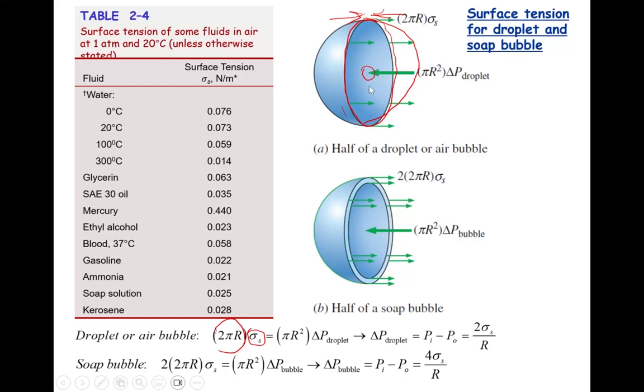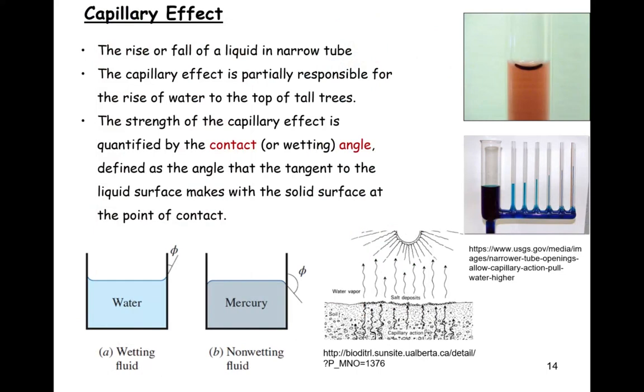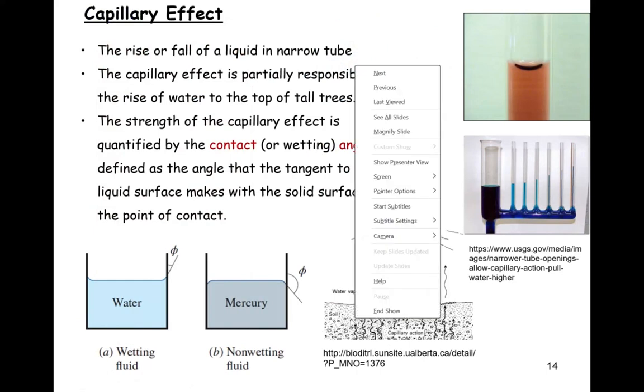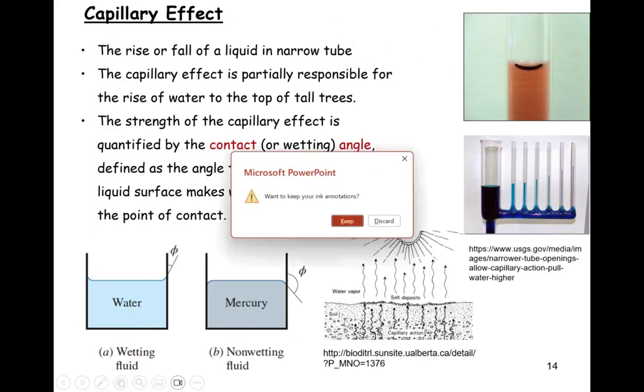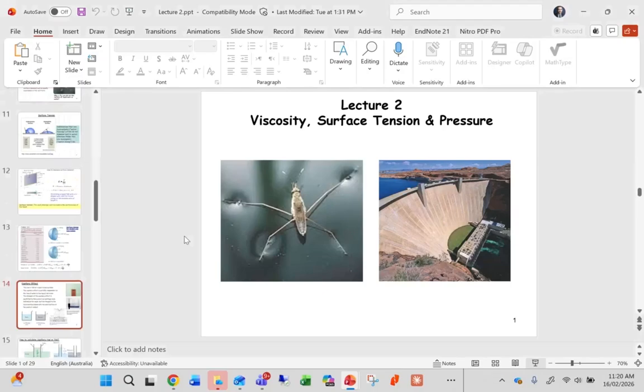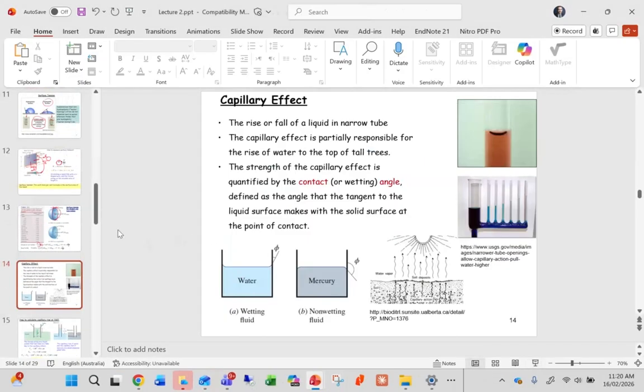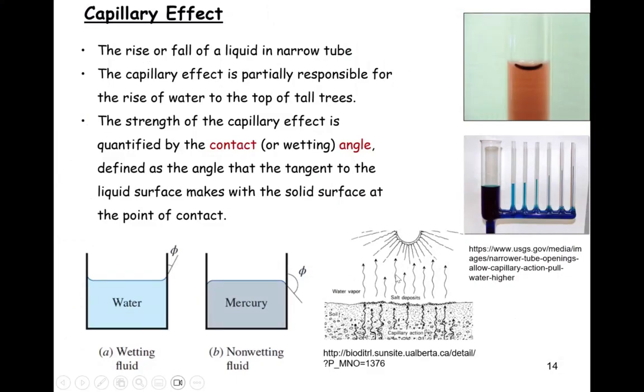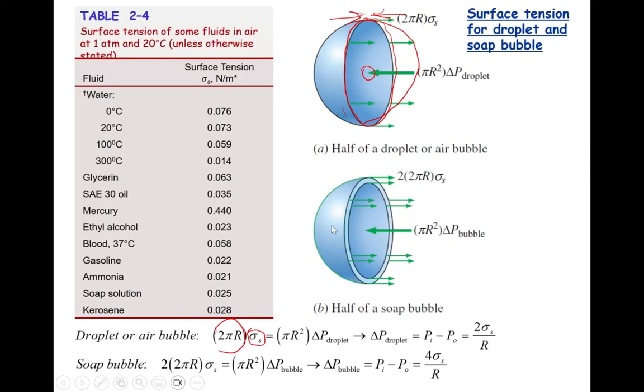Pressure is acting on this surface, which is the surface area of the droplet cut in half, pi r squared, and this pressure acts on it.